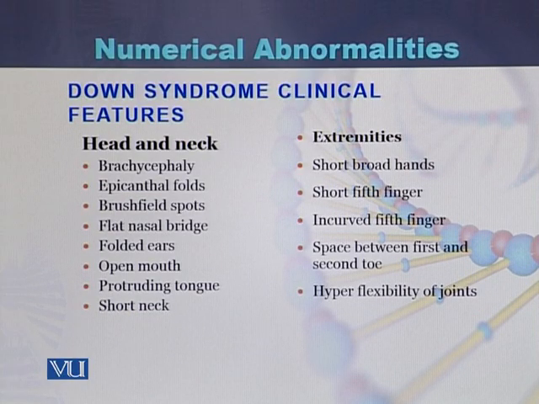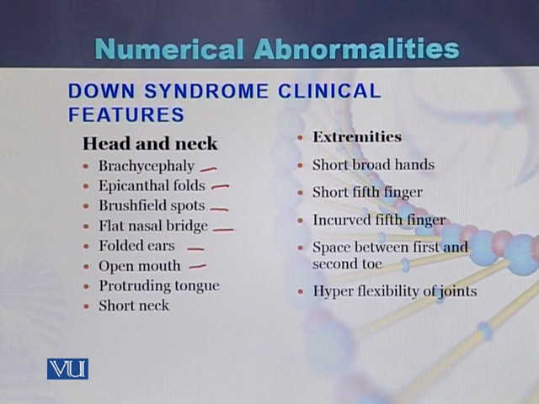The detail of all the clinical features in case of head and neck, as well as in case of extremities. In case of head and neck, we can see brachycephaly, then epicanthal folds, Brushfield spots, flat nasal bridge, folded ear, open mouth.